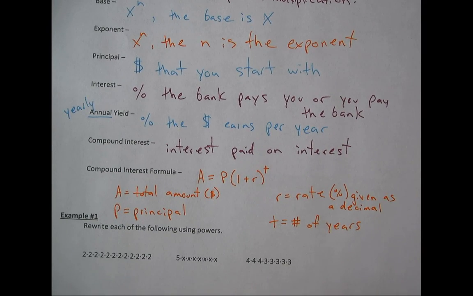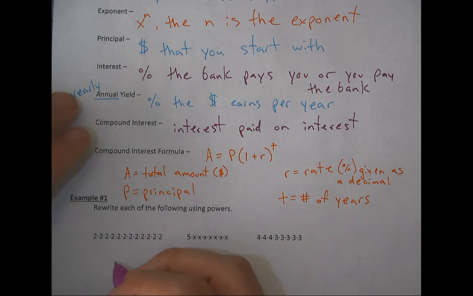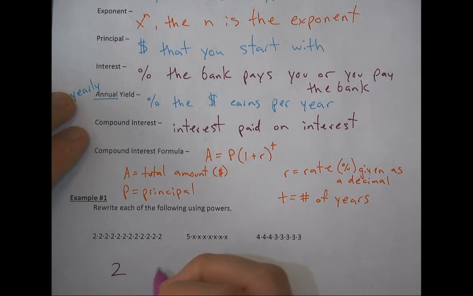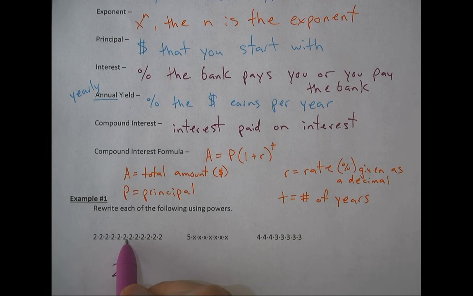All right, so real quick, we're going to discuss our exponents, make sure we remember how the powers work. So rewrite each of the following using powers. We're going to count these up. We're multiplying the number 2, so my base is 2, and I'm raising it to an exponent. It's how many times I'm multiplying it times itself. So 1, 2, 3, 4, 5, 6, 7, 8, 9, 10, 11, and I missed the first one, 12.